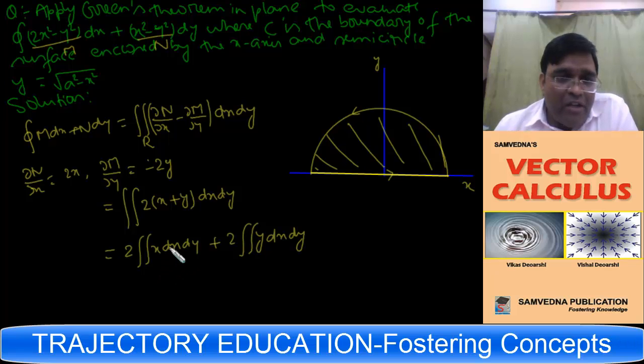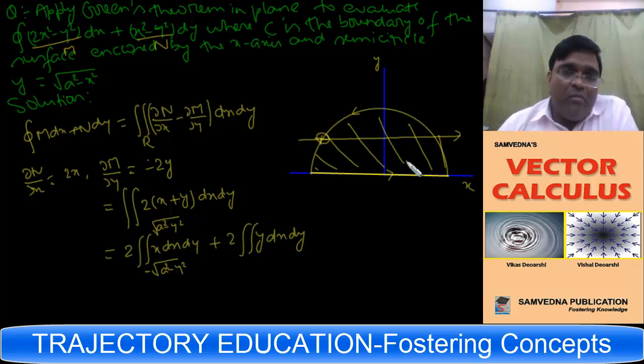Now I just see this double integral. If I evaluate it with respect to x first, what will be the limit? The limit will be from minus square root of a square minus y square to plus square root of a square minus y square.